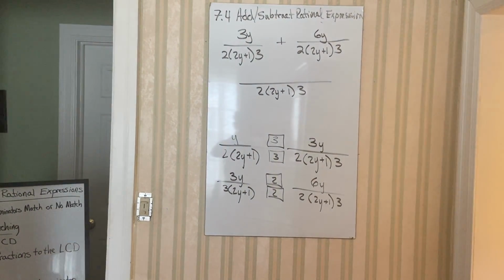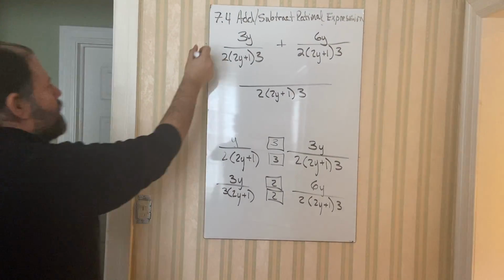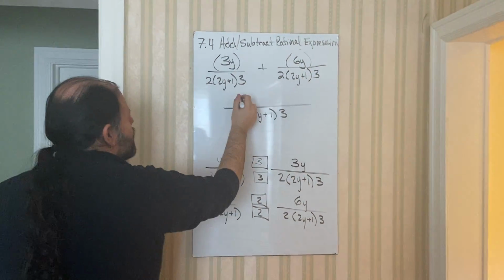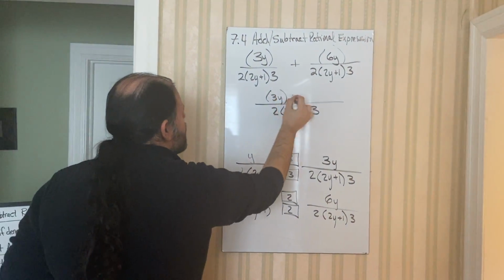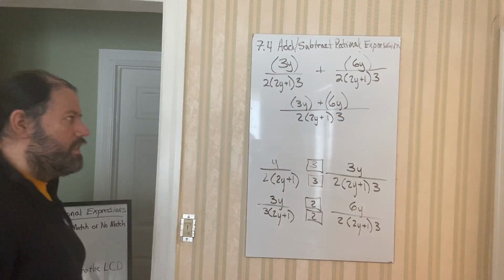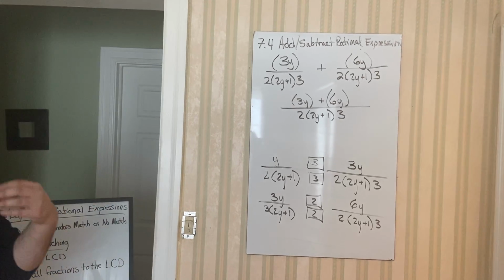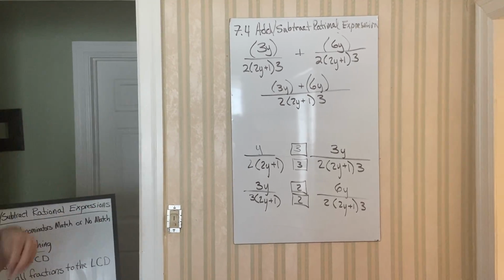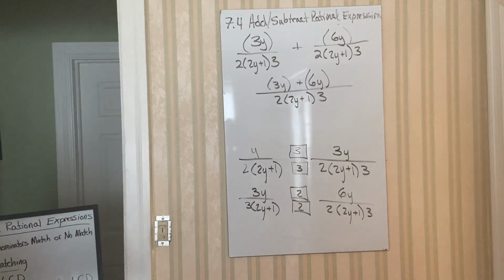Then the tops, we told you just to keep them separated, put parentheses around them so that we can rewrite it. 3y plus 6y. Now, a lot of you can probably look at that and say, it's a plus sign, so even if I distribute, I'll still get 3y plus 6y.